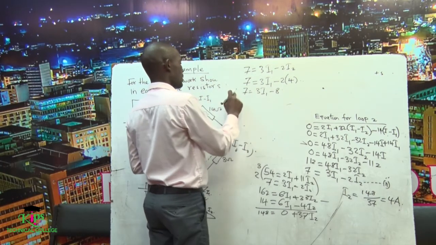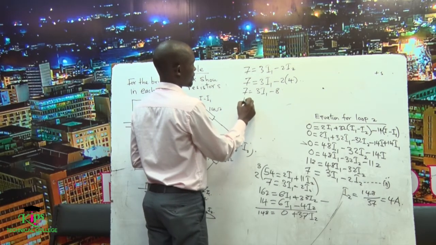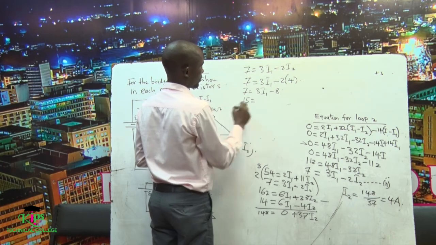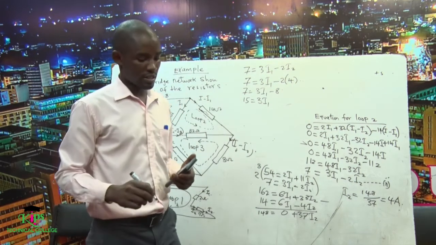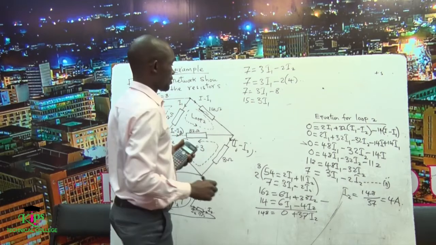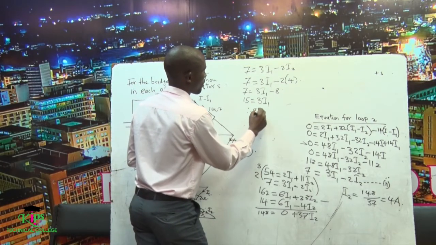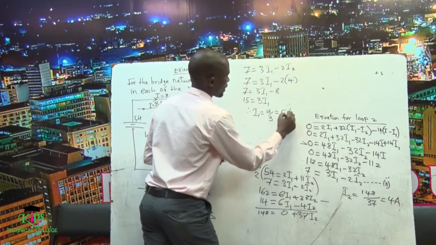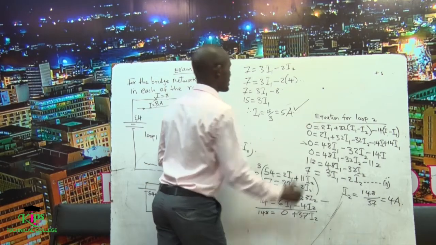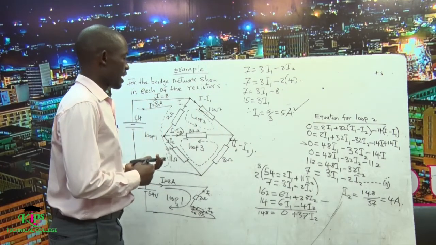If you bring this to the other side, you will get 15 is equal to 3I1. Therefore our I1 will be equal to 15 divided by 3, which is equal to 5 amperes. So that is the current I1.